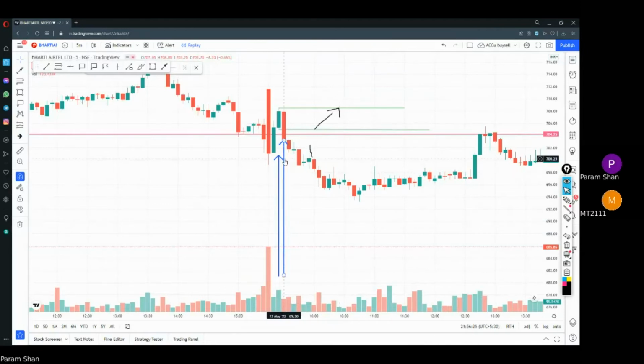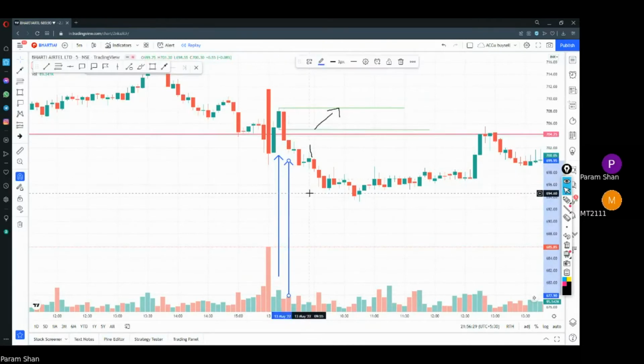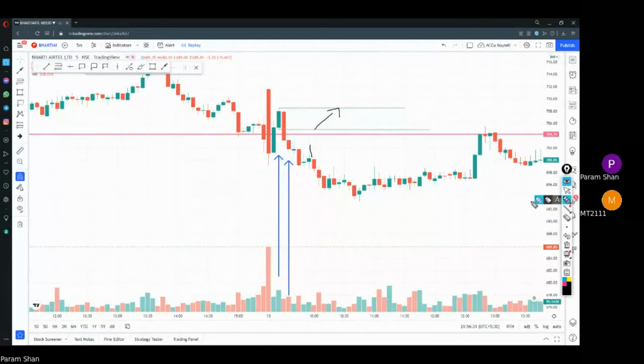So now actually what happened? The third candle gives you a confirmation with the volume that people are not interested further in this particular stock. It fell down on the first candle, it went up, it formed a resistance zone, and it started falling down. We do have a confirmation that the sellers are more interested, and whenever the price breaks here, we have to go for a short.